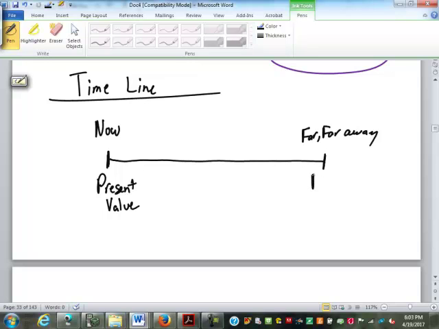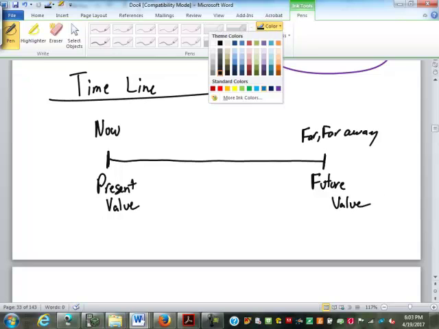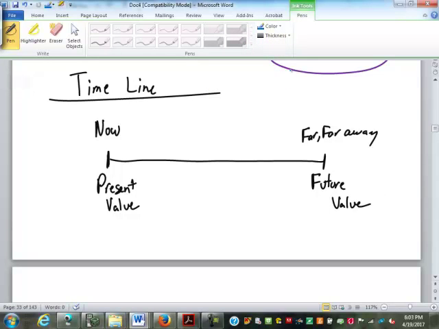Off in the future is the future, so that's considered the future value. So what we are looking at right now is starting in the present and ending in the future.